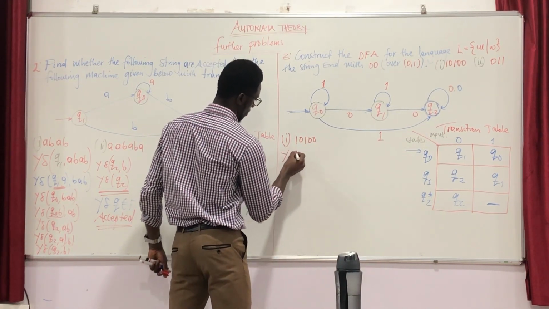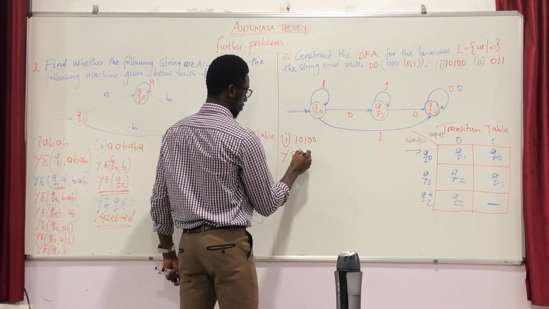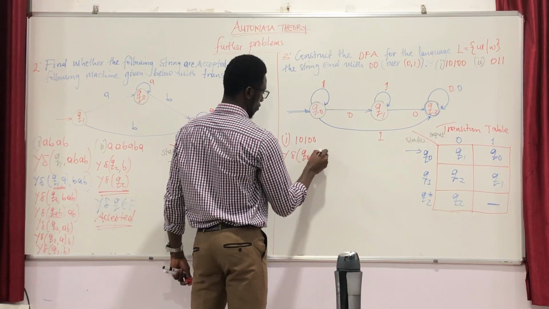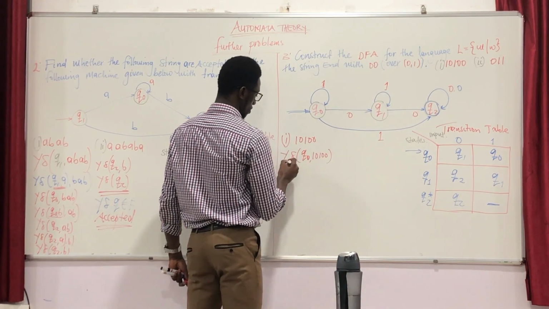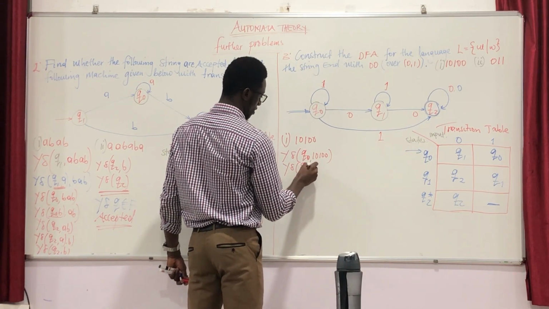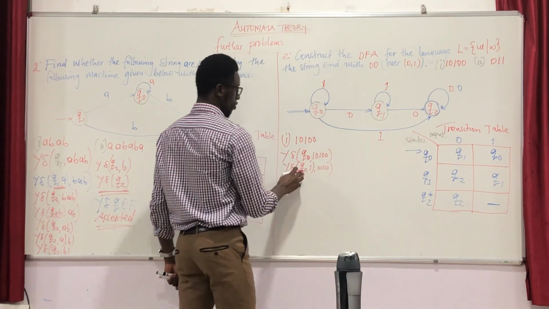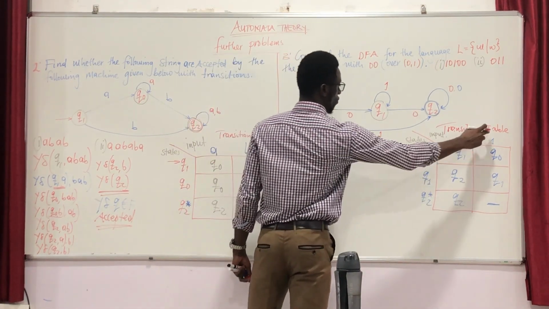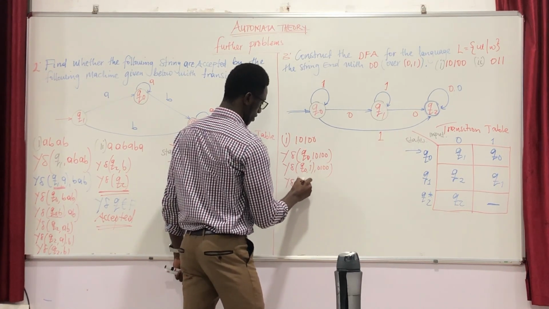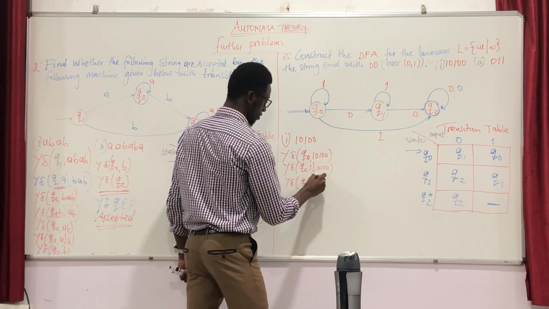So now let's solve this problem and see. Again, we start from Q0. We say Q0, comma, 1, 0, 1, 0, 0. Q0 on 1 is Q0, so this is Q0, comma, 0, 1, 0, 0.